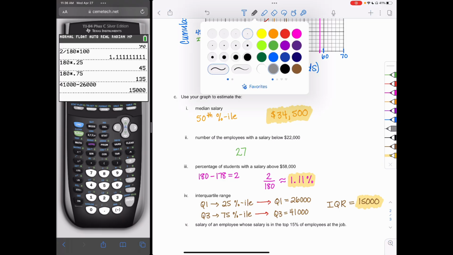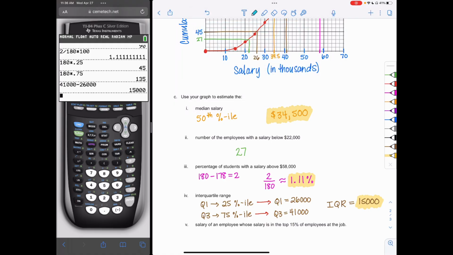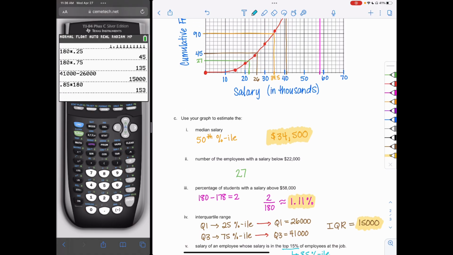Okay, so let me find another color. So if we say the top 15%, that means that if they're in the top 15%, then 85% of the employees make less than they do. So I'm going to look at the 85th percentile. All right. So when I do 0.85 times 180, I get 153.